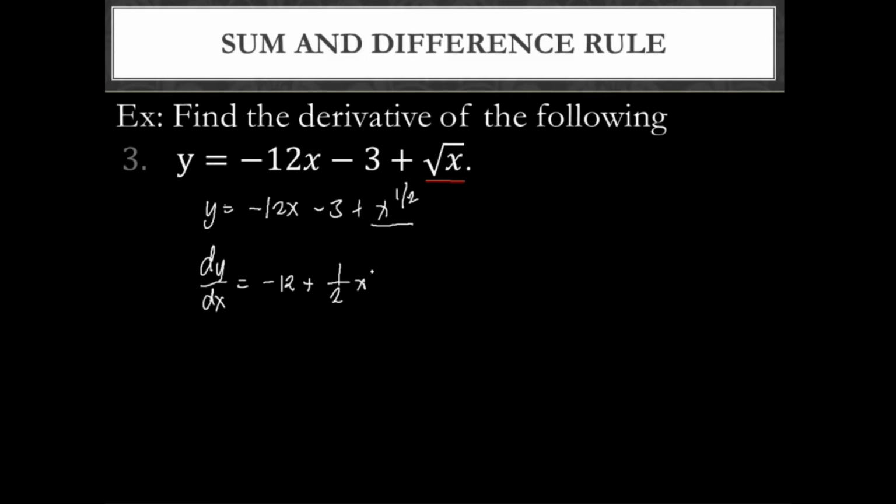So, 1/2 minus 1 is negative 1/2. Okay. Bawal po yung negative na exponent. Same with fraction na exponent. So, finally, ito ay magiging negative 12 plus 1 over 2 square root of x. No need to write yung 2 kasi understood na po siya. So that is the derivative of the given problem.